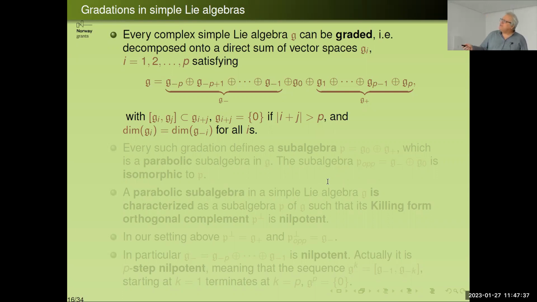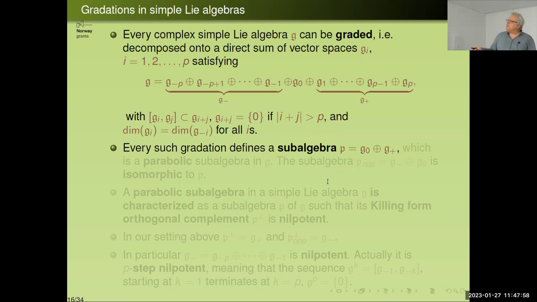If you look at the commutation relations of these things, you see that every such gradation defines a subalgebra. So there is a subalgebra P, which goes from G0 to the end. If you just make commutations, you will not go out of it because of this rule.